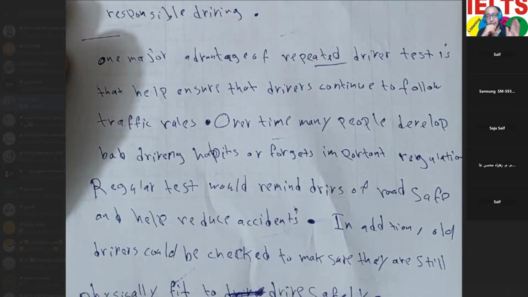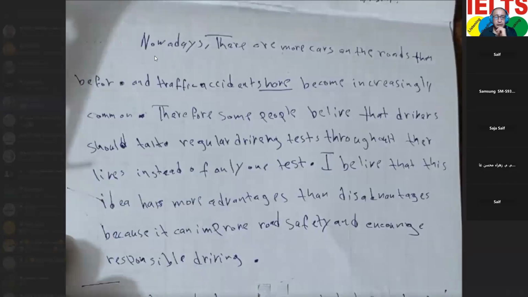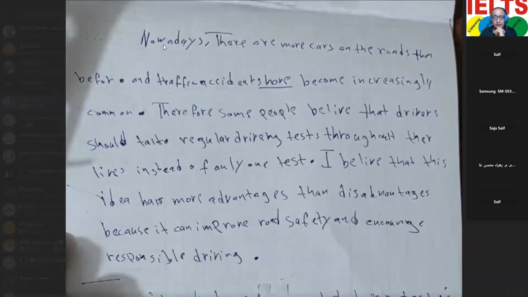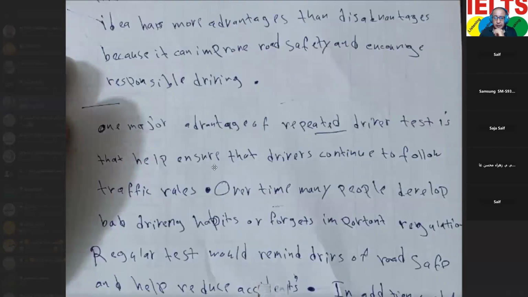Why? Because it's time. When we use time at the beginning of a sentence, we need to follow it by a comma. Just like here when you wrote meanwhile. Nowadays, you wrote it at the beginning of a sentence because it's time. You followed it by a comma. Okay? By a comma, yeah.